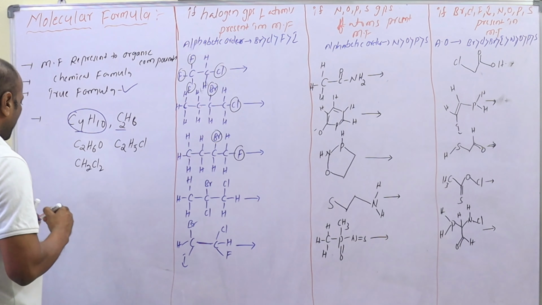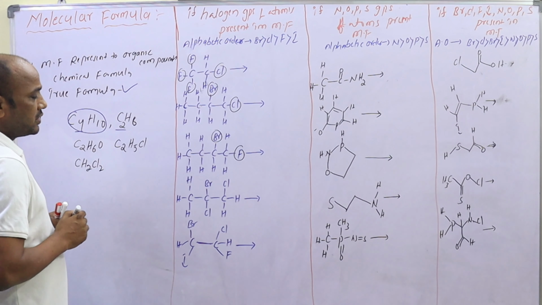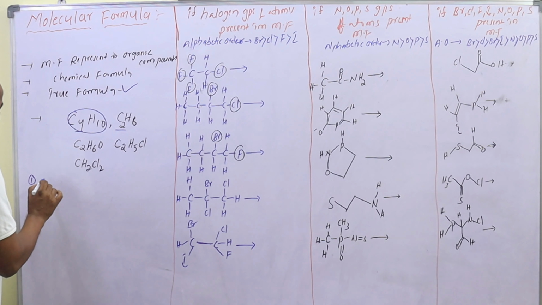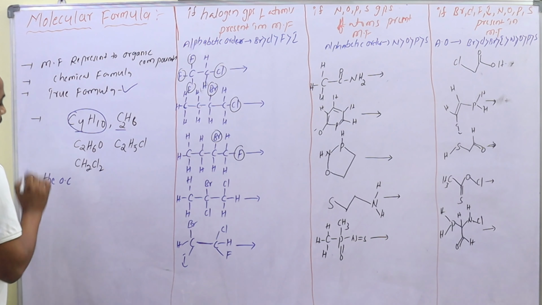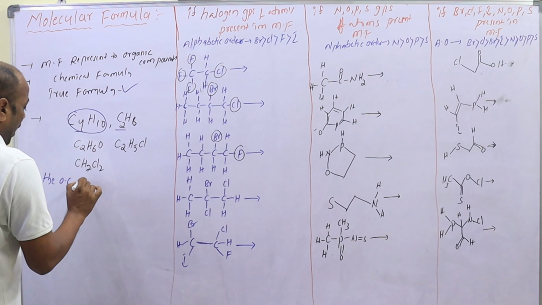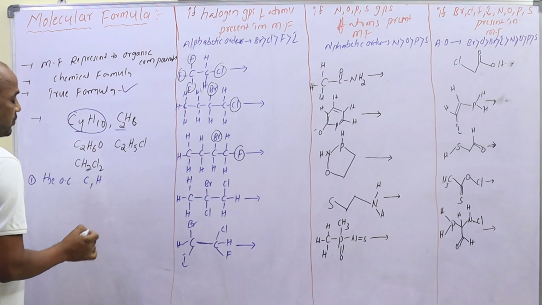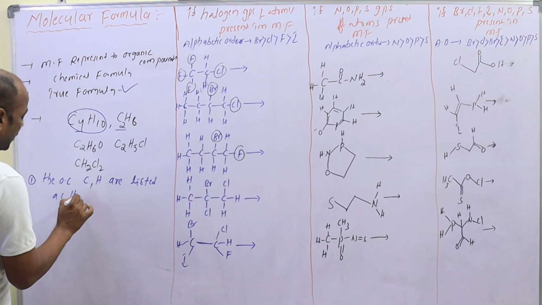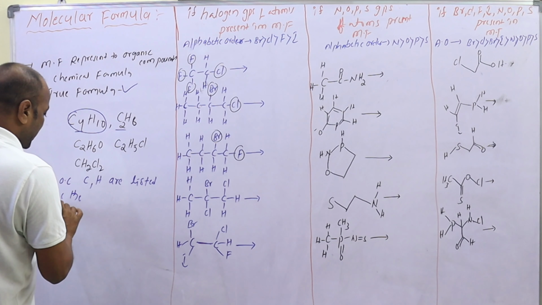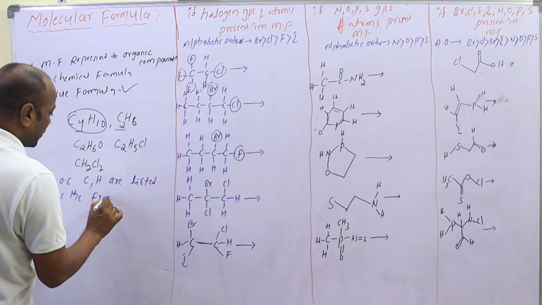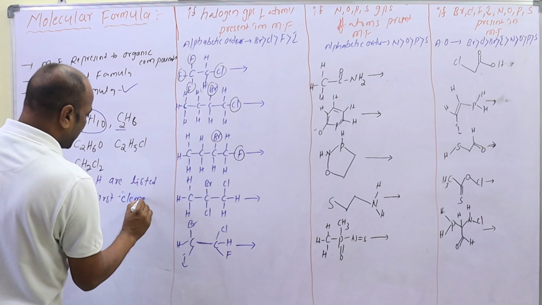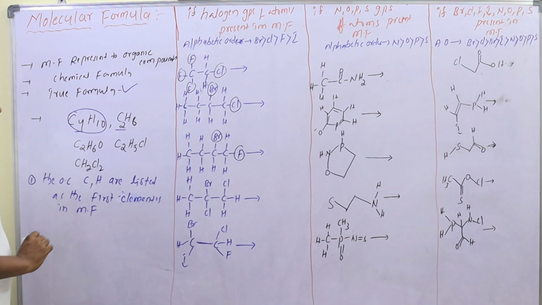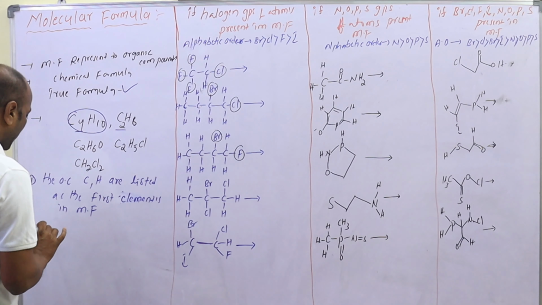The main key points are these. The first key point: in organic compounds, carbon and hydrogen atoms are listed as the first elements in the molecular formula.